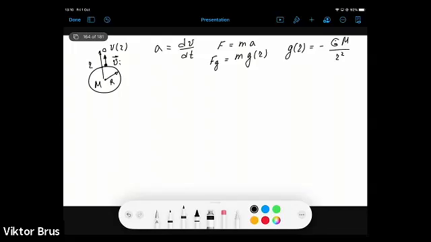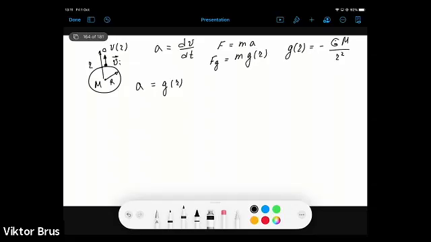So now we can write that a, acceleration, is equal to the strength of the gravitational field, because on the surface of the planet, this g is the known constant which we use, 9.8, the acceleration of free fall.